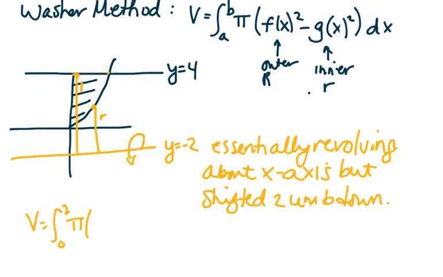So that's little r and big R. Big R is 4 units plus the 2 that's down below the x-axis, so this is 2 plus 4 for big R. And little r is just 2 plus x squared.